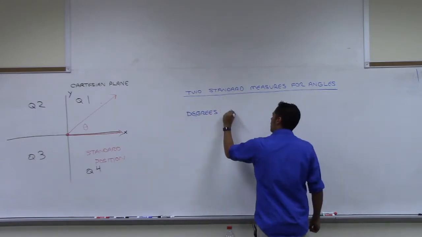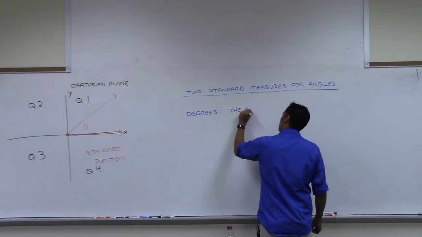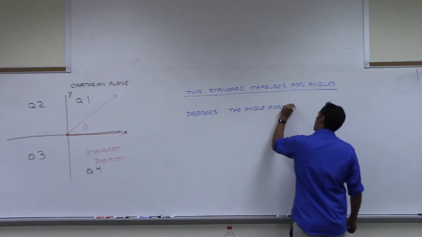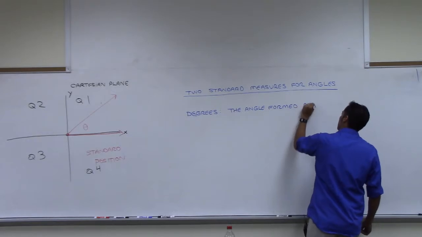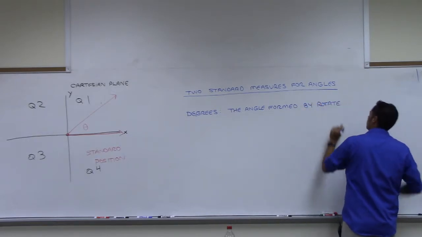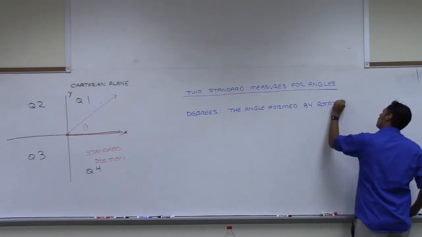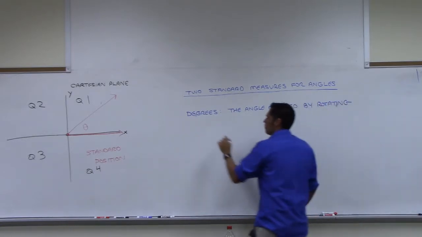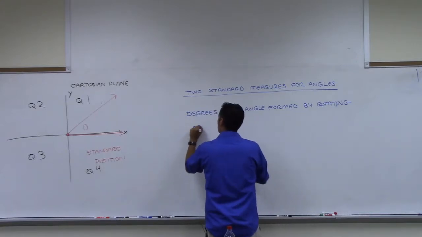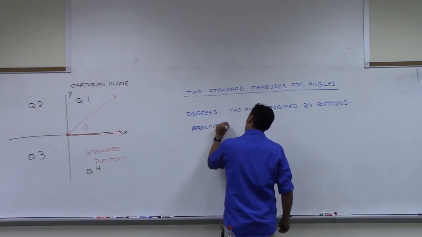is we take the angle formed by rotating around 1 time.